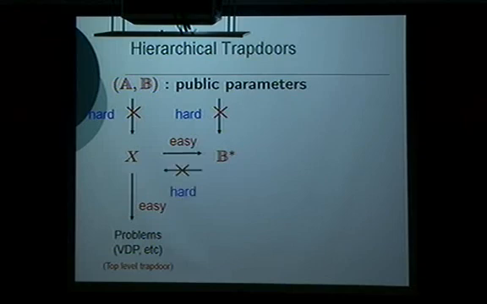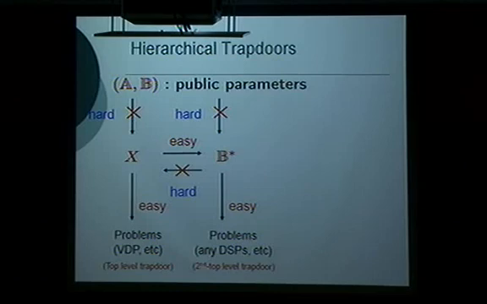Given A, B and B star, it is hard to compute capital X, maybe without computing a discrete logarithm. But as I mentioned, if we got B star, we can solve any DSP, decisional subspace problem, etc. This is a very powerful trapdoor to solve many decision problems over these parameters.